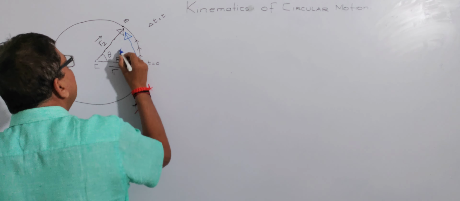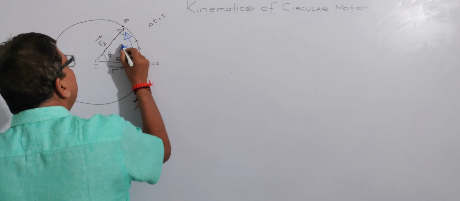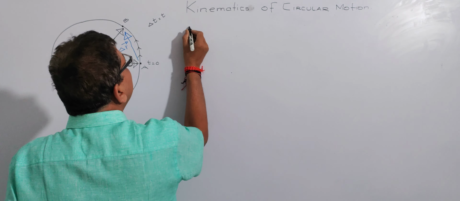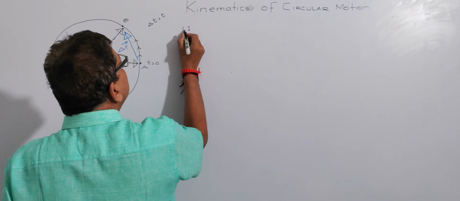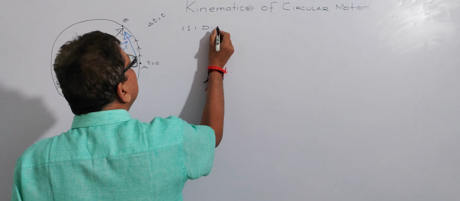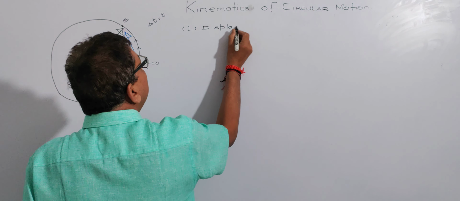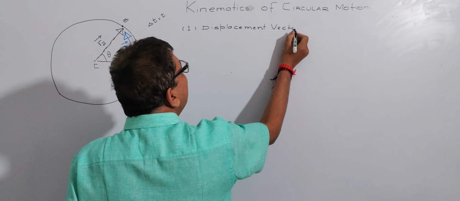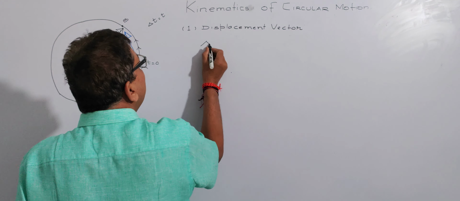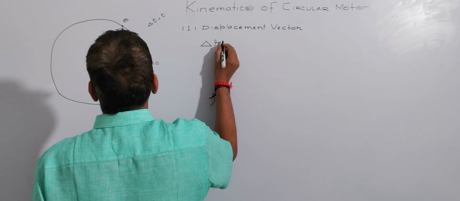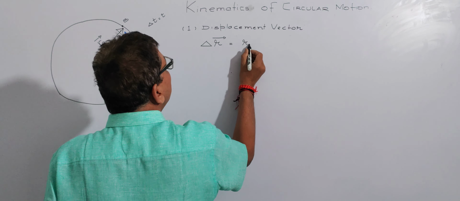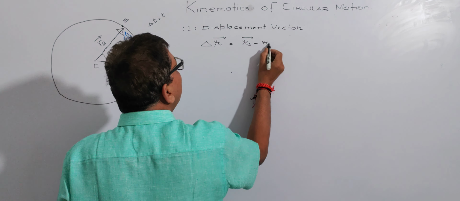Let us take delta R vector to represent the displacement vector when it moves from A to B. The first kinematic parameter is the displacement vector, and it can be written as delta R vector, that is nothing but R2 vector minus R1 vector. Is it clear? This is the displacement vector.